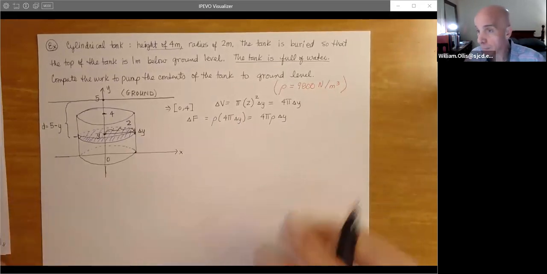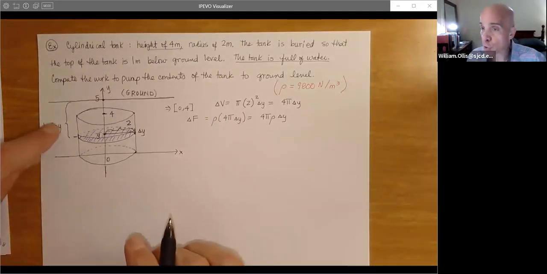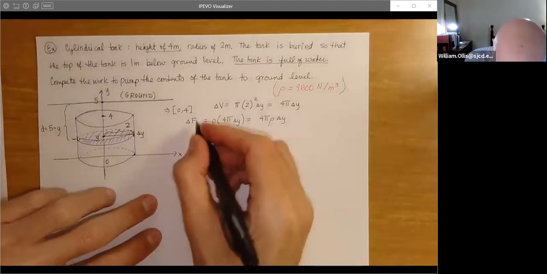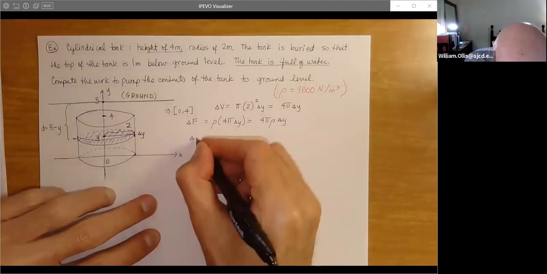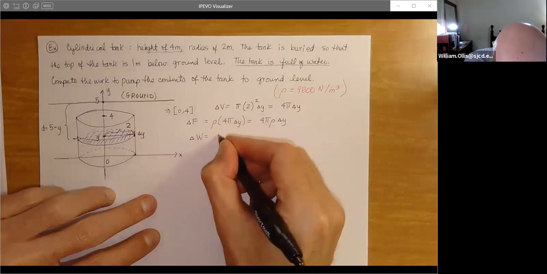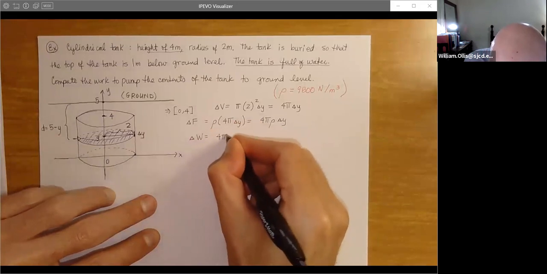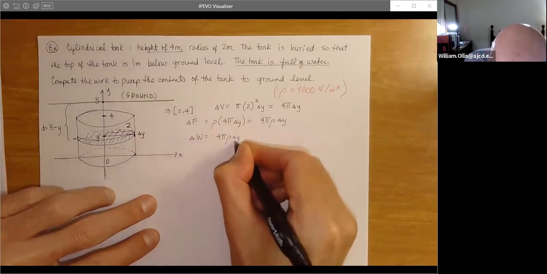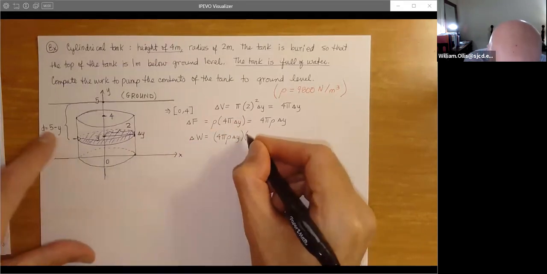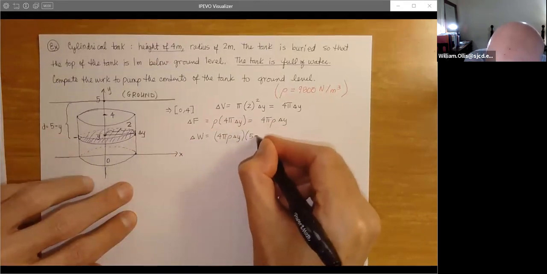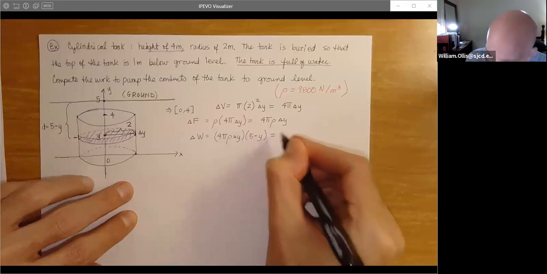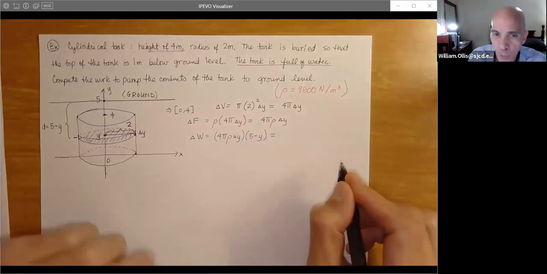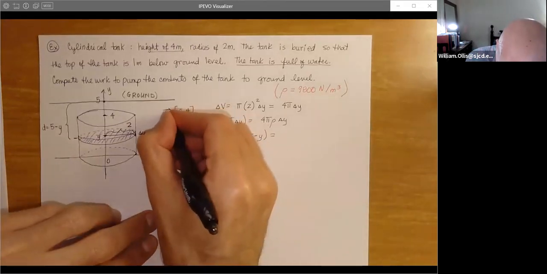And now, of course, the force will be exerted over this distance here. So the work for this particular slab will be 4 pi rho delta y times the distance 5 minus y. This is where you just have to be very careful about your interval of integration.